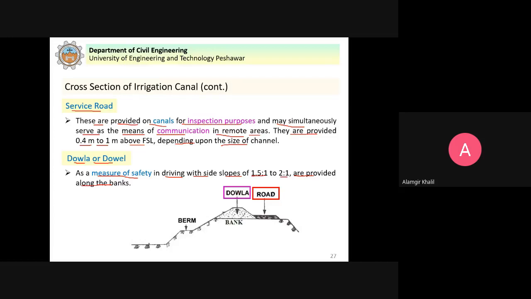So this dowla or dowel is provided as a measure of safety to the vehicles that will be moving on this service road. Clear?